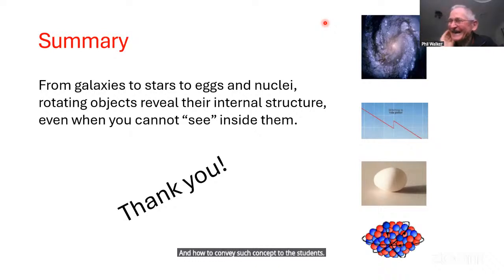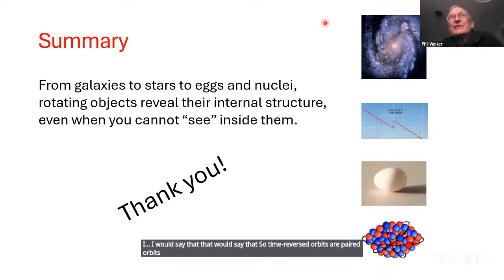Yes, good question. I would say that time reversed orbits are paired orbits, and one nucleon is going round in one direction and the other nucleon is going round in exactly the opposite direction.